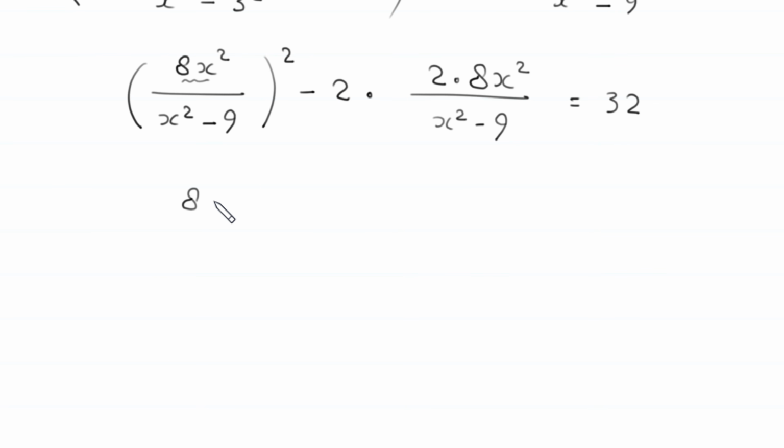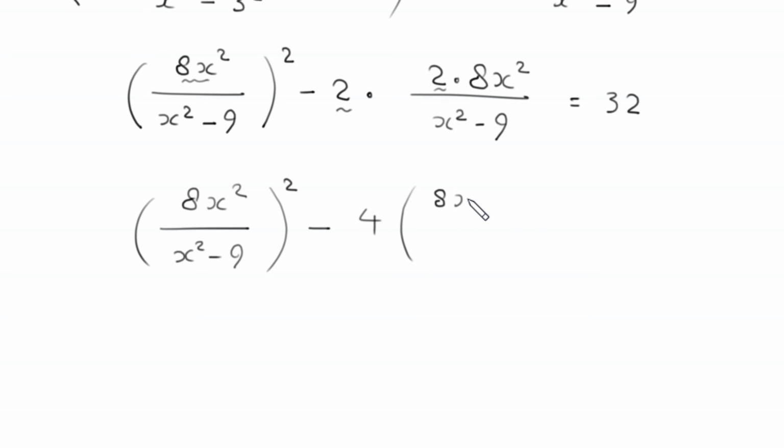Next, (8x squared divided by x squared minus 9) whole squared minus this 2 times this 2 will become 4 times this 8x squared divided by x squared minus 9 is equal to 32.